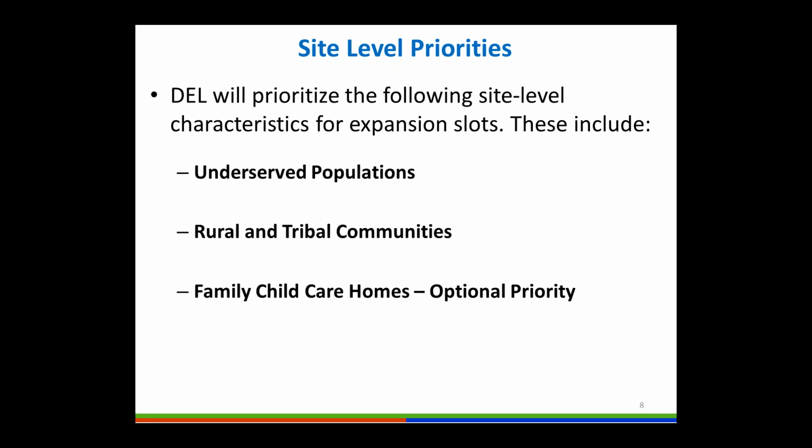So DEL will award priority points to applications that propose to operate preschool services at sites that are located in zip codes designated as large rural town, which is defined by the Rural Urban Commuting Area Codes, which are RUCAs, or a small town or isolated rural area, and sites operated by or in collaboration with tribal organizations such as a tribe or organization affiliated with a tribe.